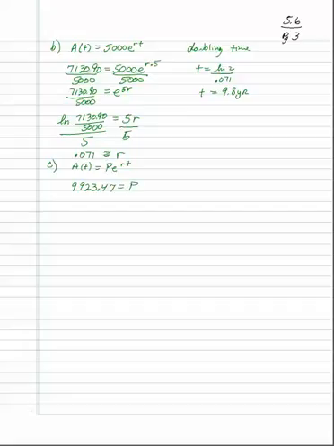P we don't know, but we know r is 0.056 and time is 5 years. Now this is just a number, so you just punch that in your calculator. You're just going to divide that out of both sides.